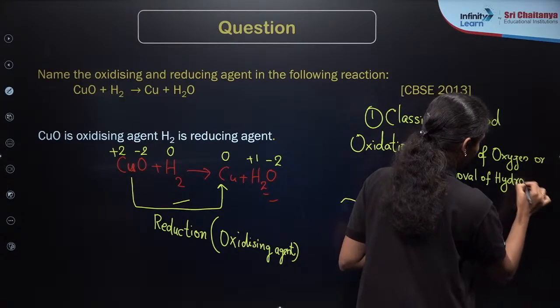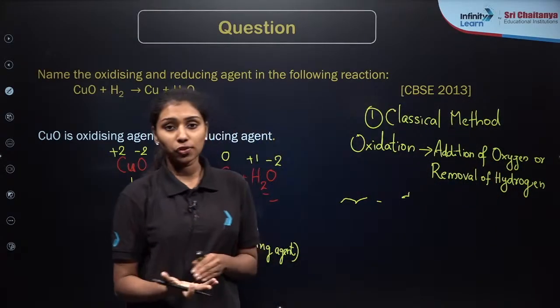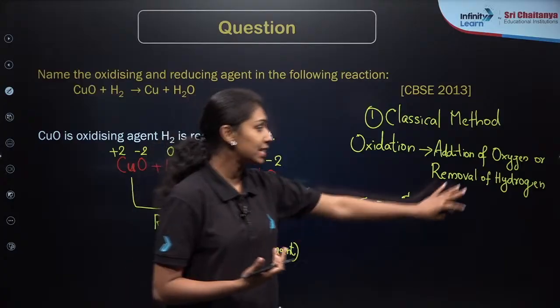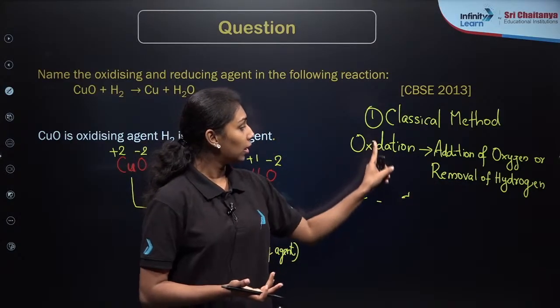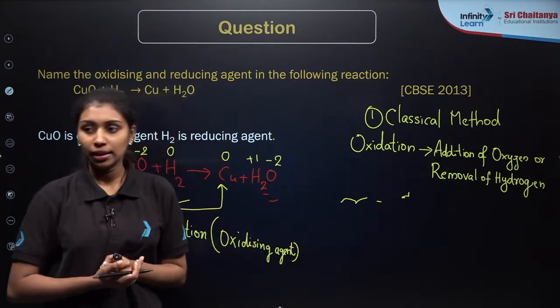We have already covered these terms in the concept classes. So oxidation means addition of oxygen or the removal of hydrogen, or simply you can say that adding any of the electronegative elements or removing any of the electropositive elements is also based on the classical concept or the method of the oxidation.